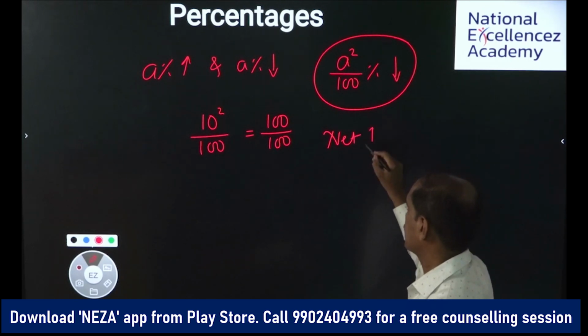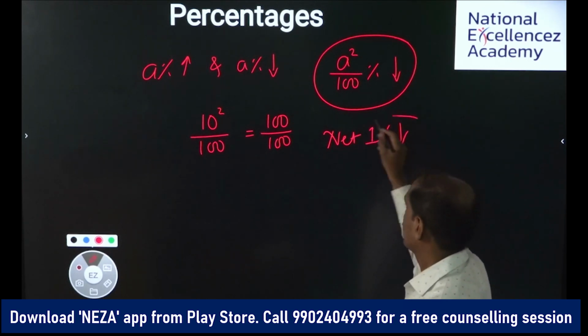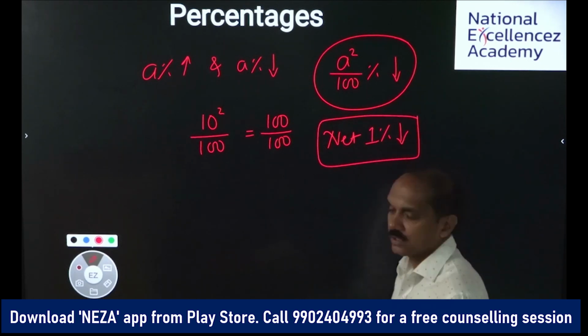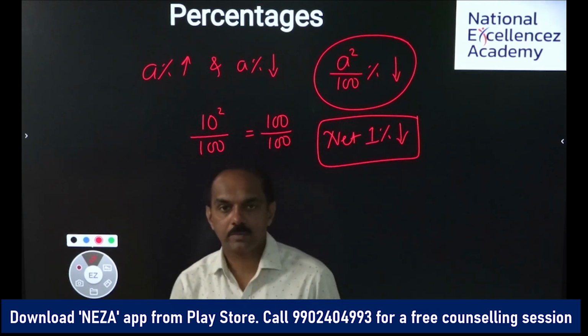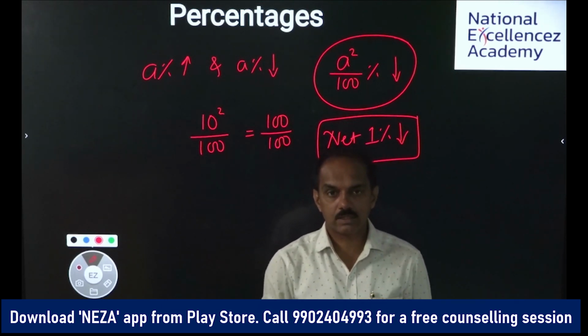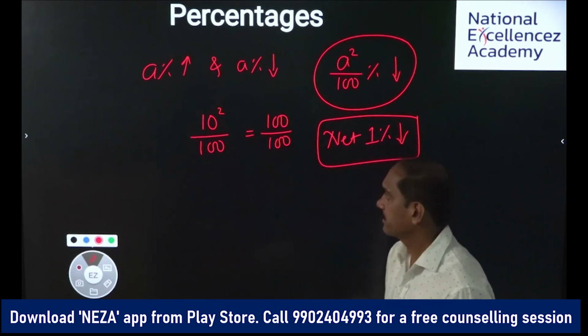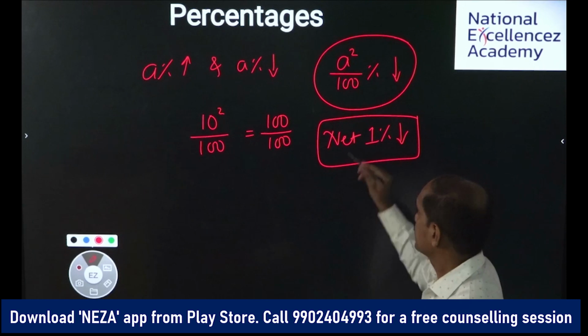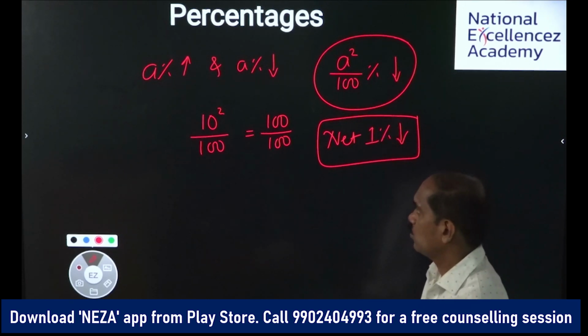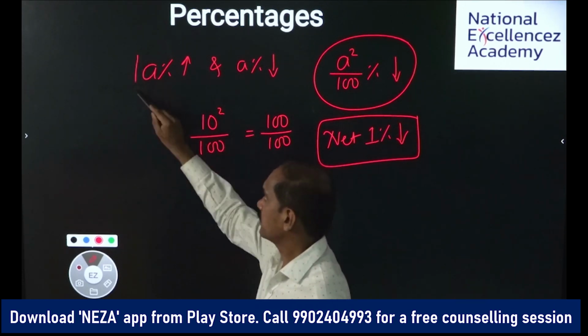Net 1% decrease. Right? So this is the trick you can use in this type of case.